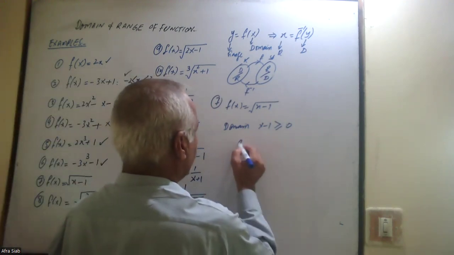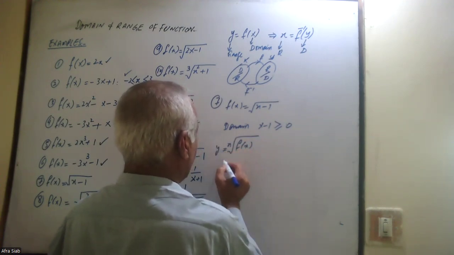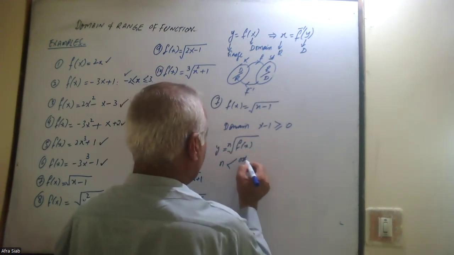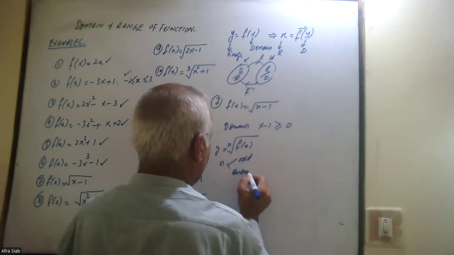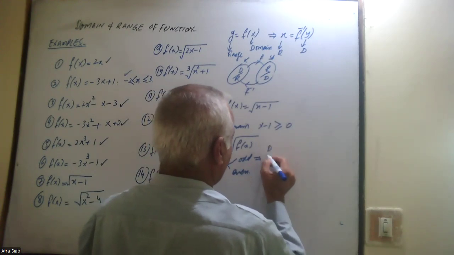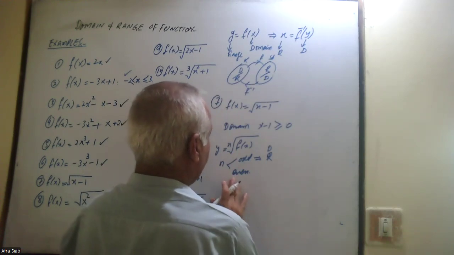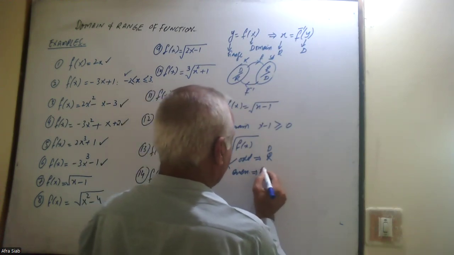So remember one thing, that whenever f of x is a root function, then n is either odd or even. If it is odd, then the domain is all real numbers, and if it is even, then it is restricted.